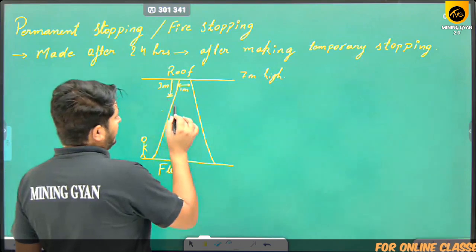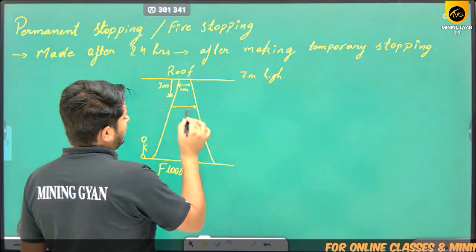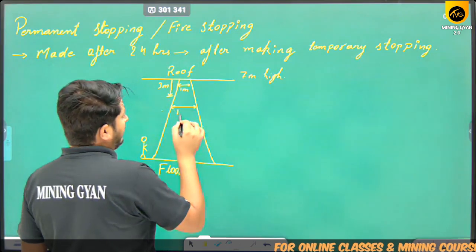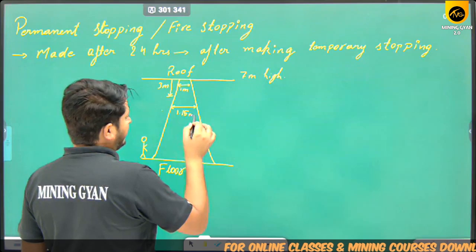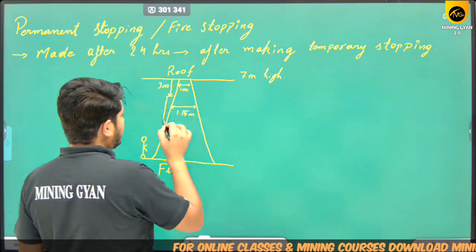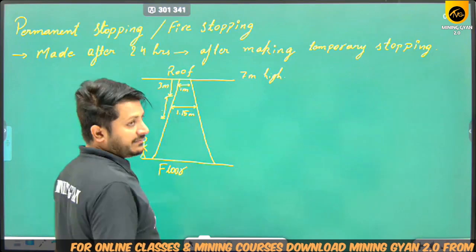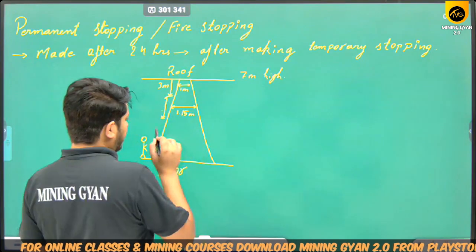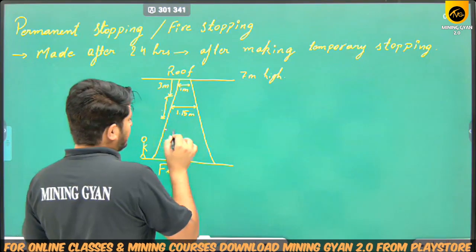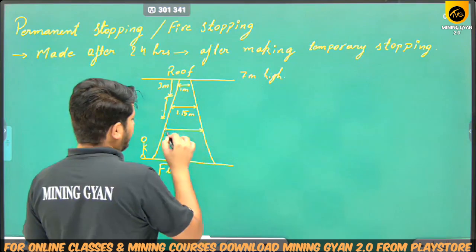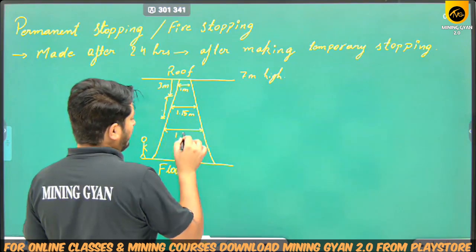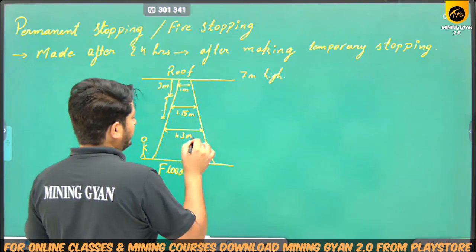So now the thickness of the stopping will be 1.15 meters. For the next 3 meters, the thickness will be nearly 1.15 meters. After that, again after 3 meters, the thickness of the stopping will increase again, and it will be 1.3 meters.